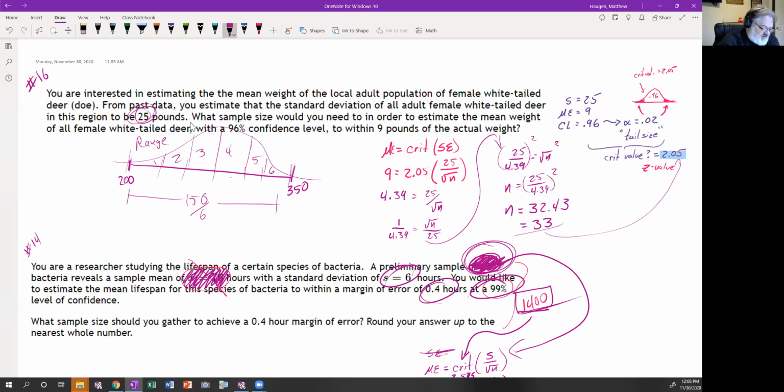That 150 divided by 6 is 25 pounds. And that's a very common way to get a gross estimate of what my standard deviation might be before doing sampling.